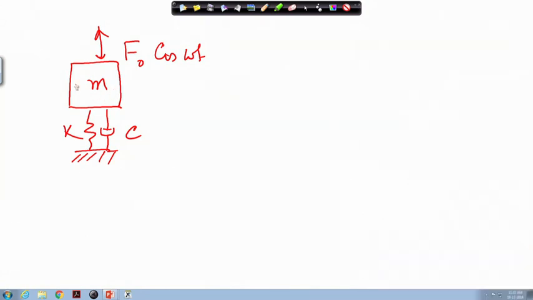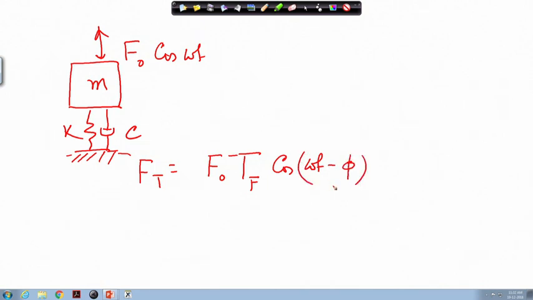So, this is our system, this is our structure, and this is the system which should not be excited by that much force. So, the force which is transmitted, F t, will be equal to the force F naught times the factor which I will call T f, the transmissibility factor, and cosine omega t minus phi, as there may be a certain phase difference. Now, how does this T f look like?